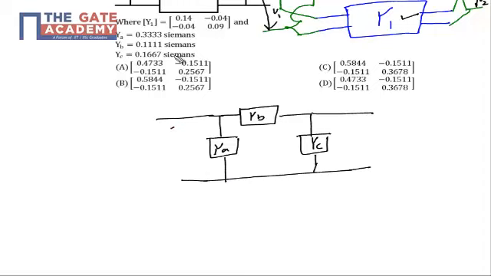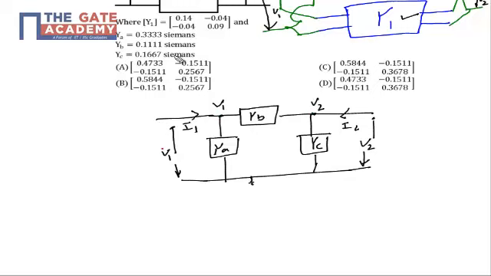So I can simply assume that V1 is the input voltage, I1 is the input current, I2 is the output current, and V2 is the output voltage. Now if I apply KCL at this node, let's say this node is V1, because this is my ground node, and V1 is the voltage difference between this node and ground. Similarly, this node will have a voltage of V2.